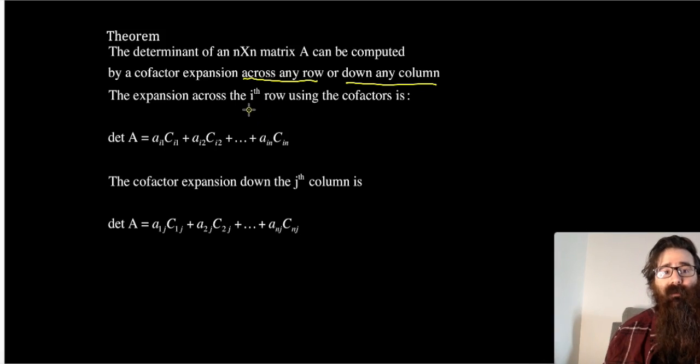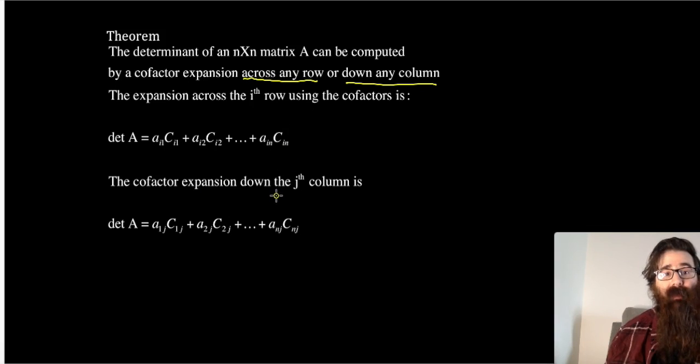And the expansion across the ith row using the cofactors is given as follows. Determinant of big A is little a sub i1 times C, for cofactor, of i1, plus little a sub i2 big C i2, plus so on and so forth. We get to the end, plus little a sub in and then big C sub in.